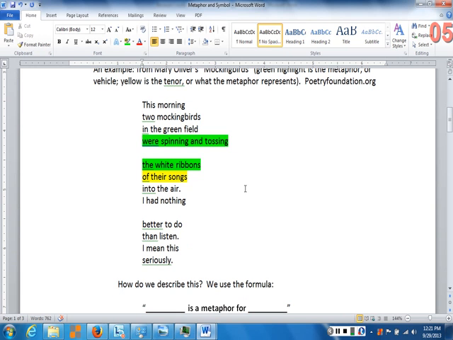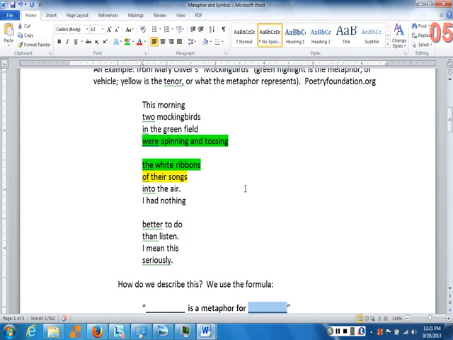All right, so here we go. In describing a metaphor, use this formula. Blank is a metaphor for blank, where the first blank would be your vehicle.